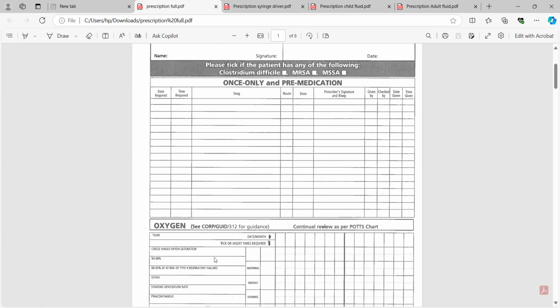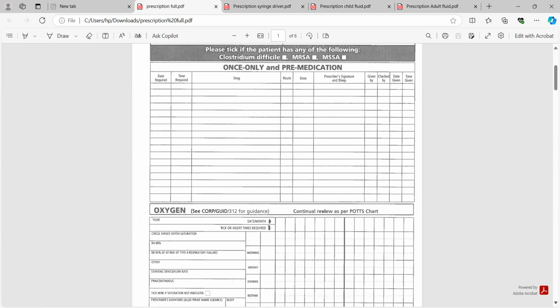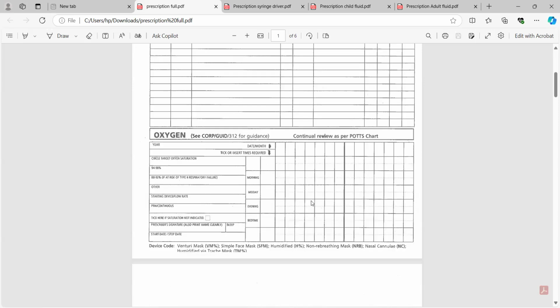And at the end, there's oxygen. If the patient is on oxygen or is being prescribed oxygen, you have to mention it. For example, if you have to give him oxygen via Venturi mask, you have to encircle this one. Via non-rebreathe mask, you have to encircle this one.